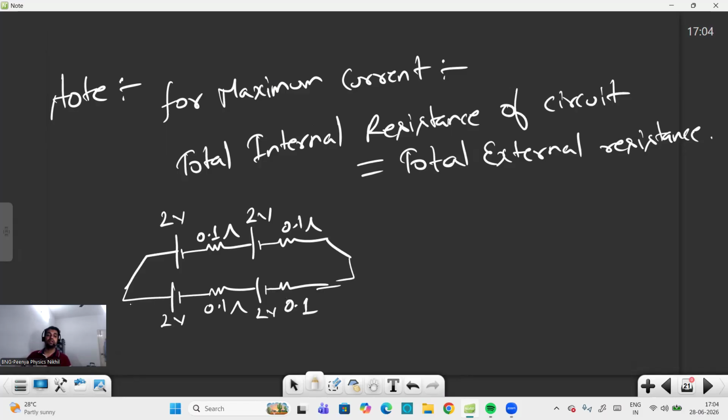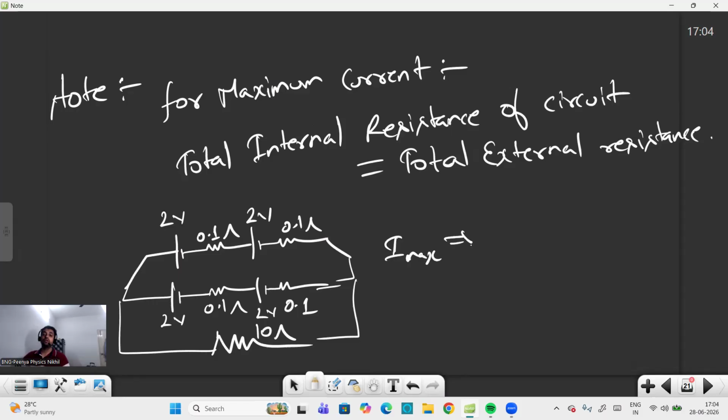And the external resistance is, let's say, 10 ohm. So this 10 ohm is the external resistance, and 0.1 ohm is the internal resistance of each cell. So for maximum current, what is the condition here? Total internal resistance, here 0.1, 0.1, two times.